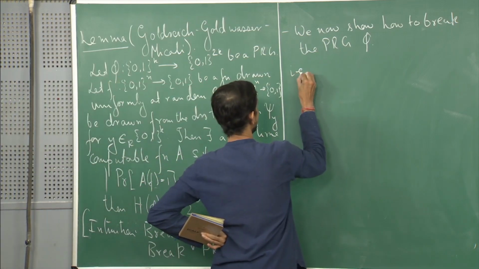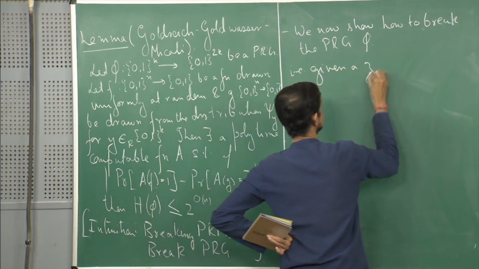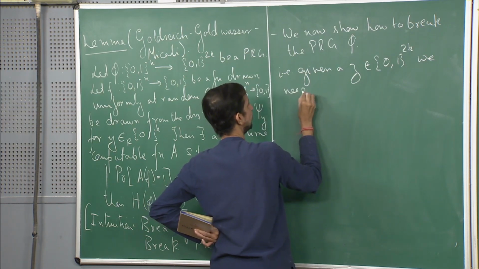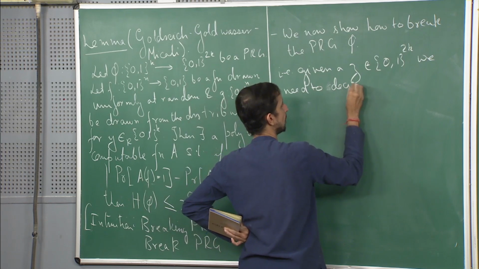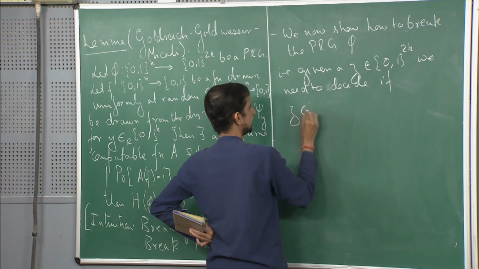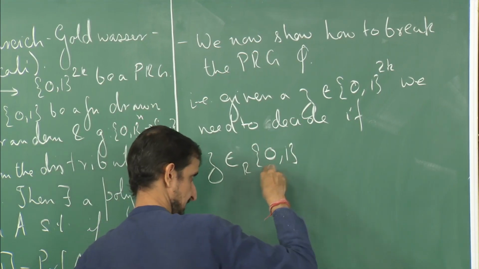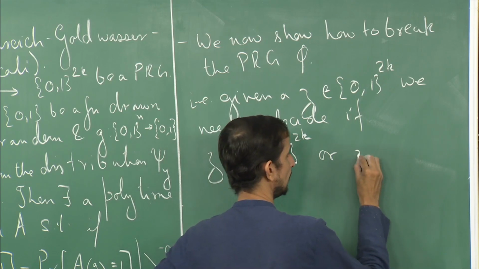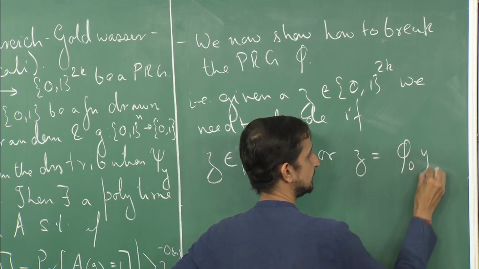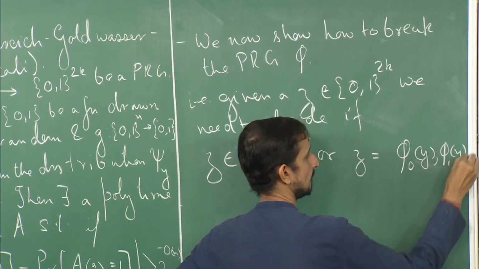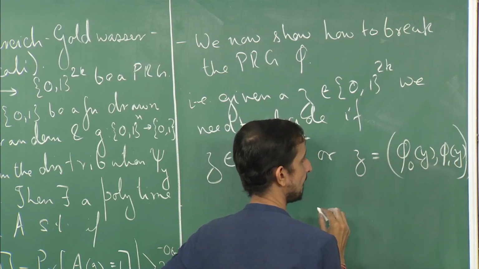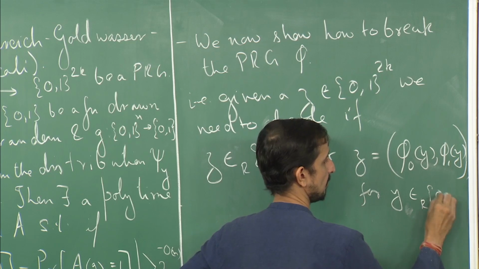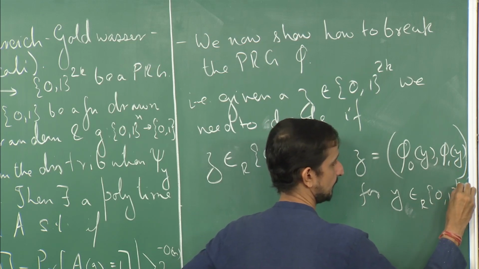Okay, that is, given a z belonging to {0,1}^2k, we need to decide if z is a random string of length 2k, or z is of the form phi 0 of y, phi 1 of y for a random y of length k.